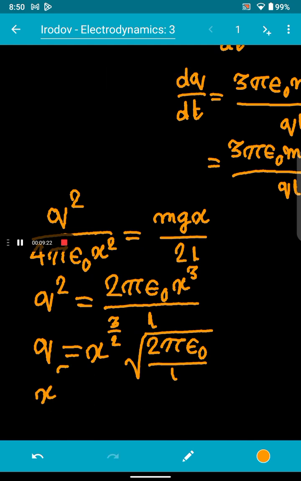So x to the power 3 by 2 divided by q will be nothing but L by 2 pi epsilon naught.